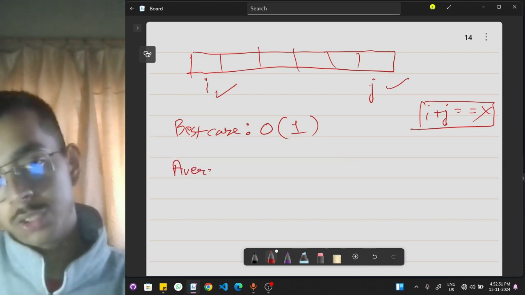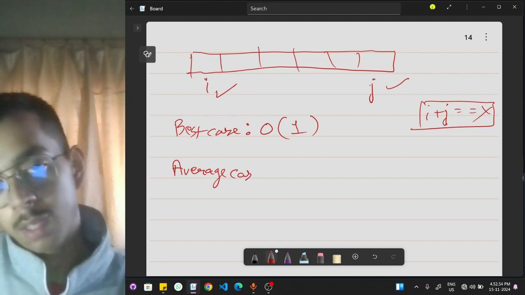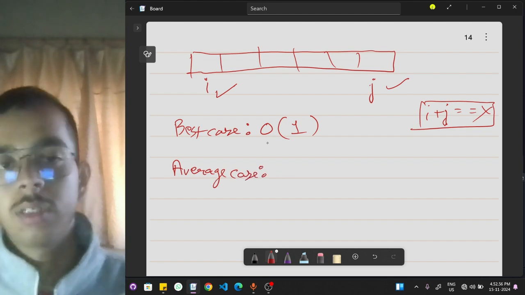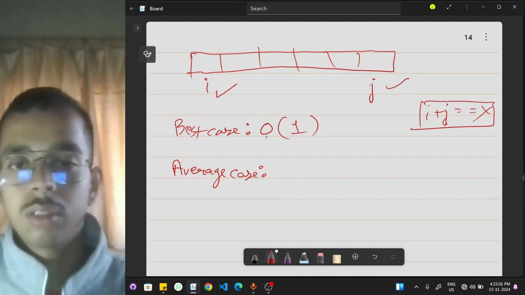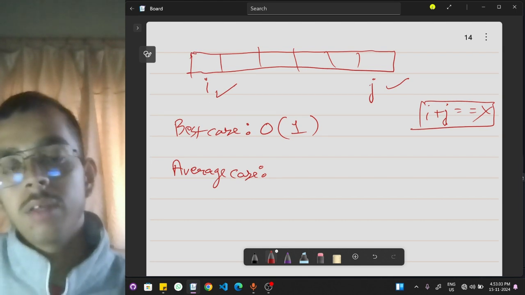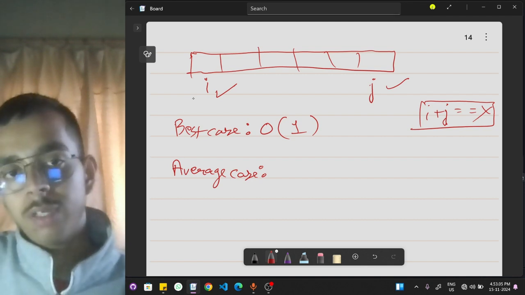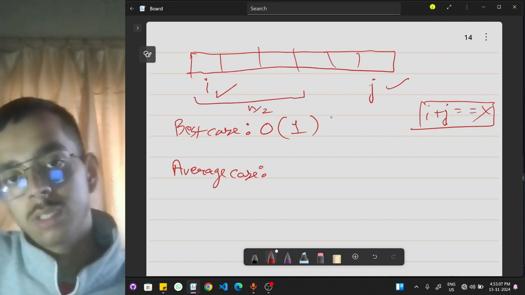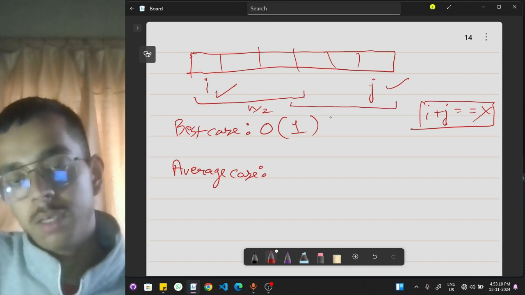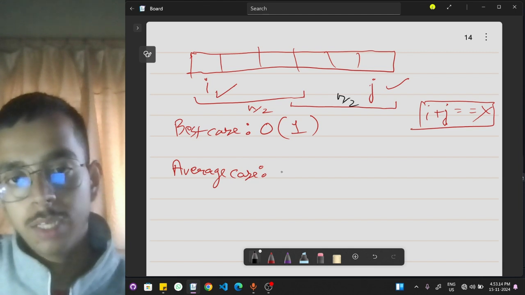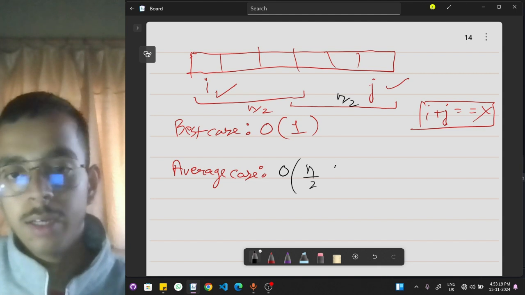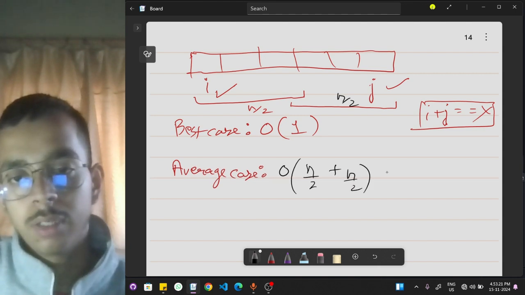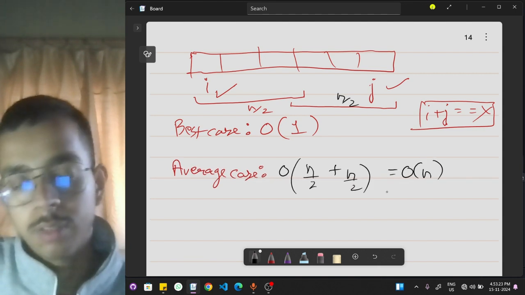Then we have the average case time complexity. That means your I has approximately traveled n by 2 steps and J has approximately traveled n by 2 steps. So your average case will be the steps traveled by I plus the steps traveled by J, and that will be O of n.